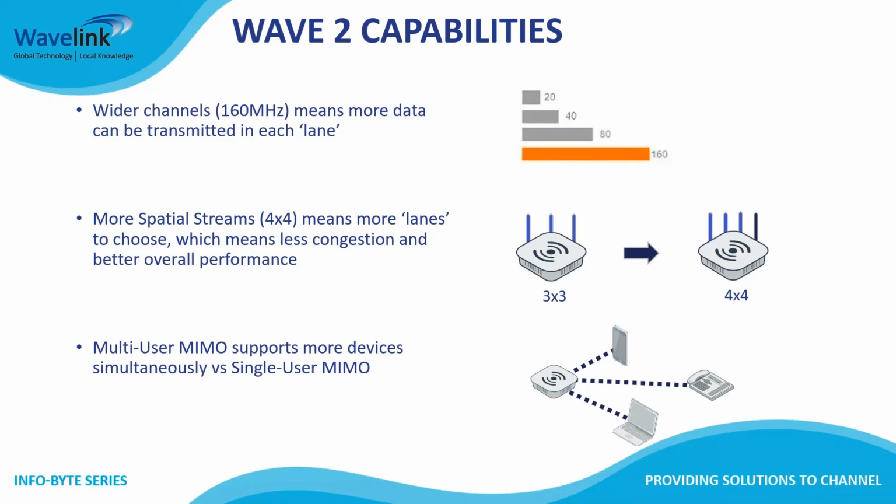Wave 2 capabilities that came through with AC certainly gave us faster throughput and better capabilities with multi-user MIMO, being able to send spatial streams to multiple clients simultaneously, instead of one client hogging the airspace while it transmitted and all other clients waiting for clear to send before they get their chance to transmit as well.